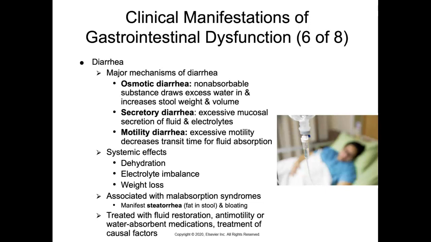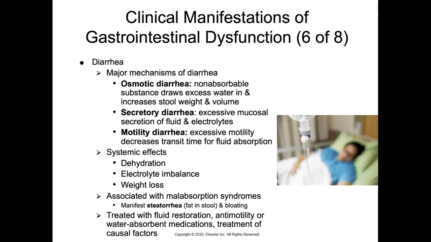Our secretory diarrhea is when we start to produce excessive mucosal secretion of fluid and electrolytes. And this too is then going to produce large volume diarrhea, and it's typically due to some type of infectious disease.